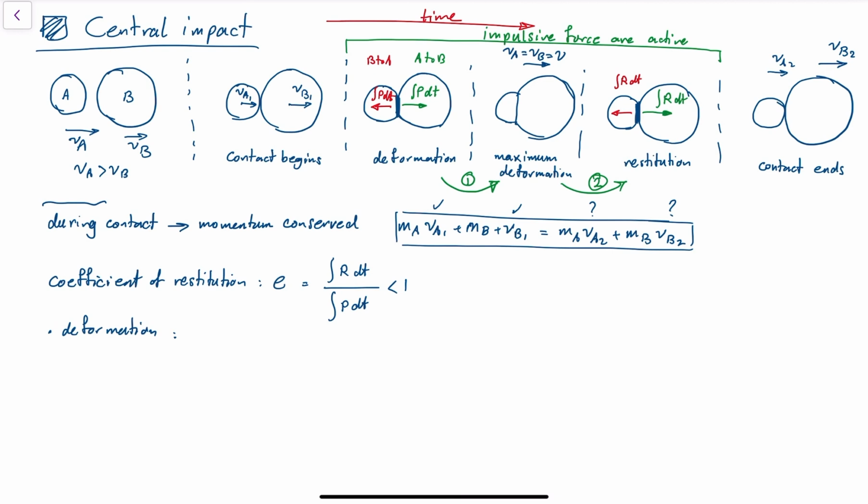So before deformation, let's look at any one of the bodies. In this case, I'm going to look at body A. M_A V_A1 plus the impulse acting on it, integral of P dt, equals M_A V, this common velocity V after the end of deformation.